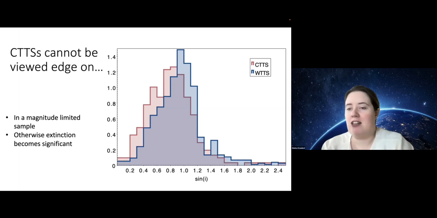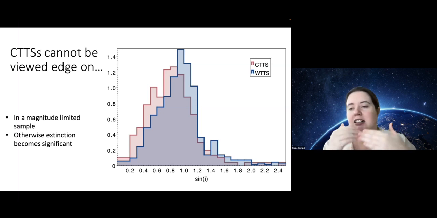And if you have a magnitude limited sample, like we have here, because we need to take spectra of all these stars to get their temperatures and v sin i, you wouldn't necessarily be able to see these edge-on extincted systems with disks like you would if they didn't have disks, or if you're looking at these systems face-on.